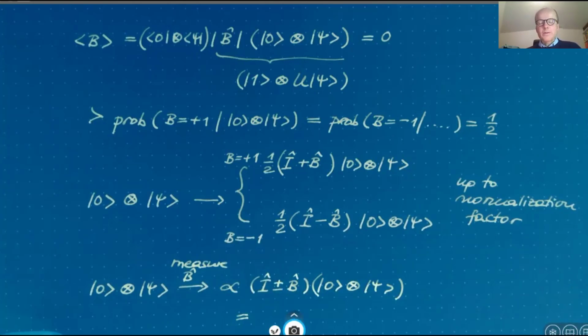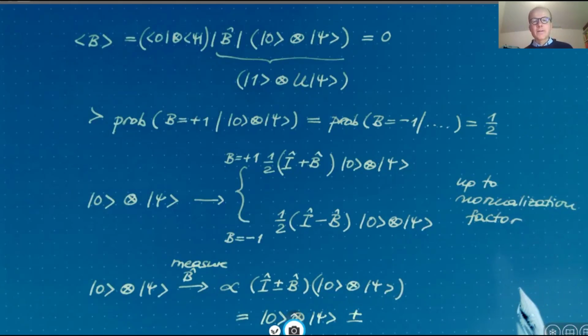We can multiply out this bracket, so the unit operator obviously does nothing, so this gives us 0 tensor psi. And then we have plus or minus the operator B applied to 0 tensor psi.